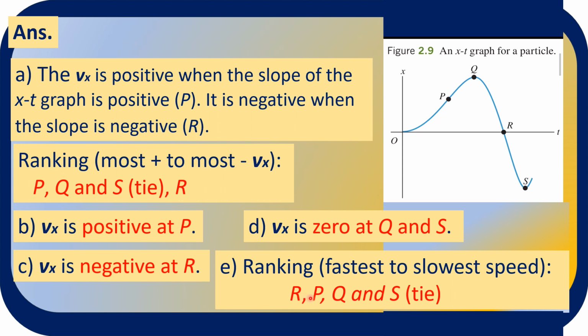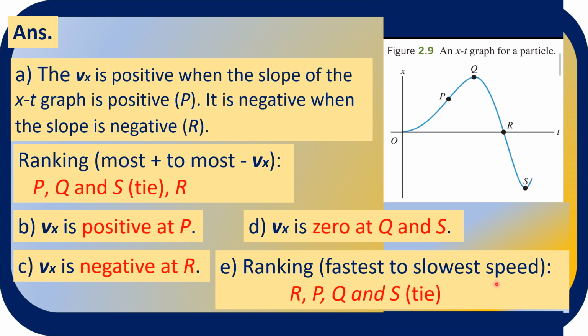But why is the speed at point R greater than at point P? Remember that speed only has a magnitude. It has no direction. So we disregard the direction of the instantaneous velocity since we're only asked to rank the speed according to the fastest to the slowest.